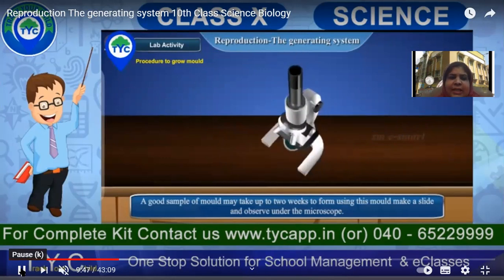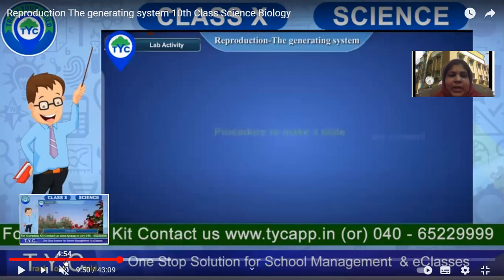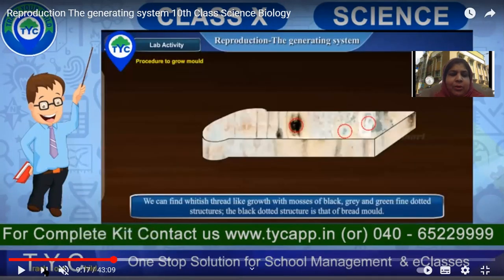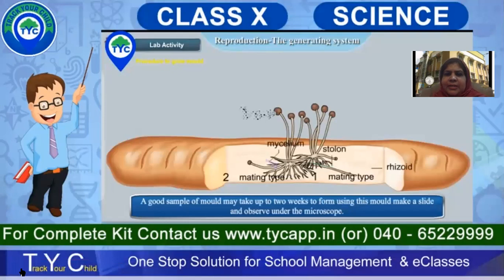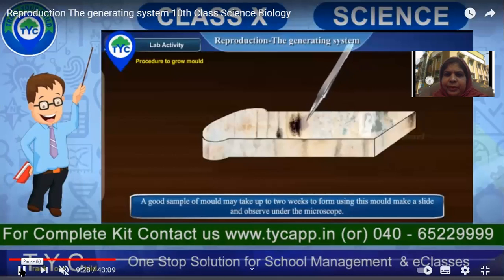So you can see this Rhizopus mold very clearly under the microscope.